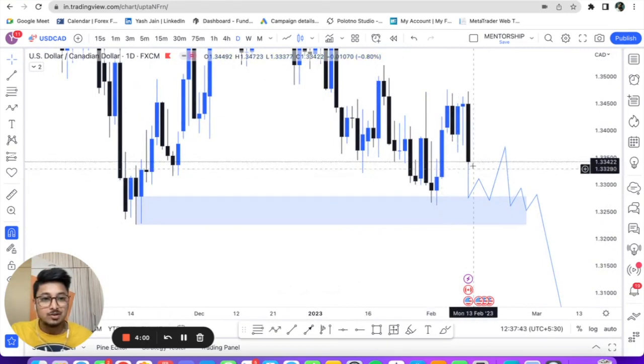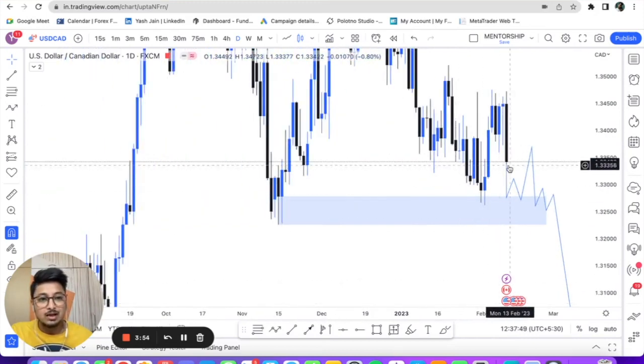Let's go on a daily time frame. On a daily time frame, we have closed into a demand area, and on Monday you can expect a continuation in the drop, followed by a small reversal.